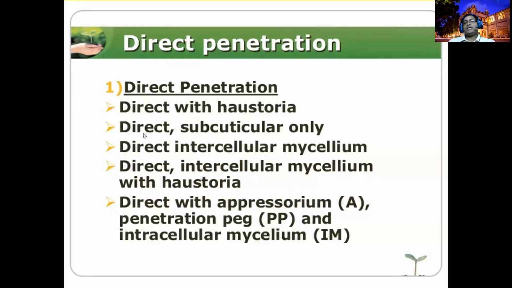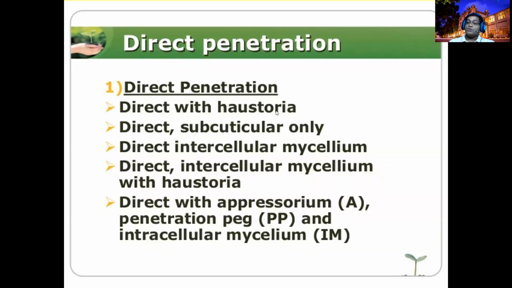They can also produce direct subcuticular growth only. This haustoria cannot go in deeply; it can penetrate only the epidermis, the external host surface, and it forms inside the host. The direct intercellular mycelium goes deeply in between the host cells, or it can penetrate the host cells directly and form a structure we call a haustorium to draw nutrition.